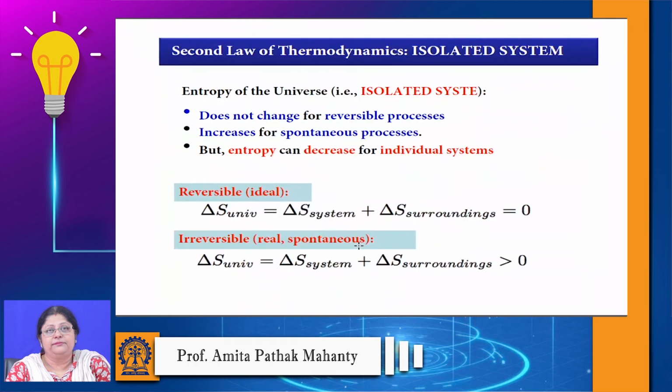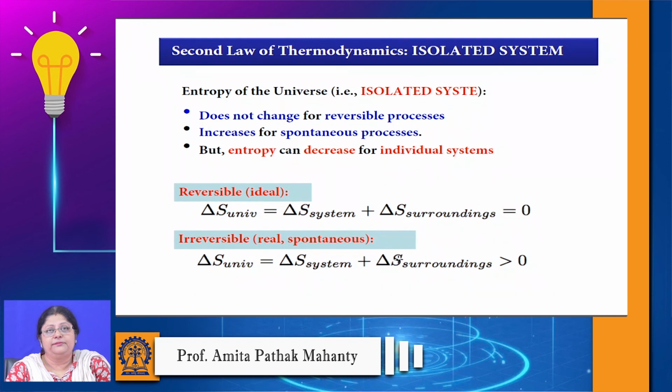So for an isolated system, we can very clearly write down how to identify it: for a reversible process, the entropy change of the universe is going to be 0. The entropy change of the universe is going to be greater than 0 if the process is spontaneous.